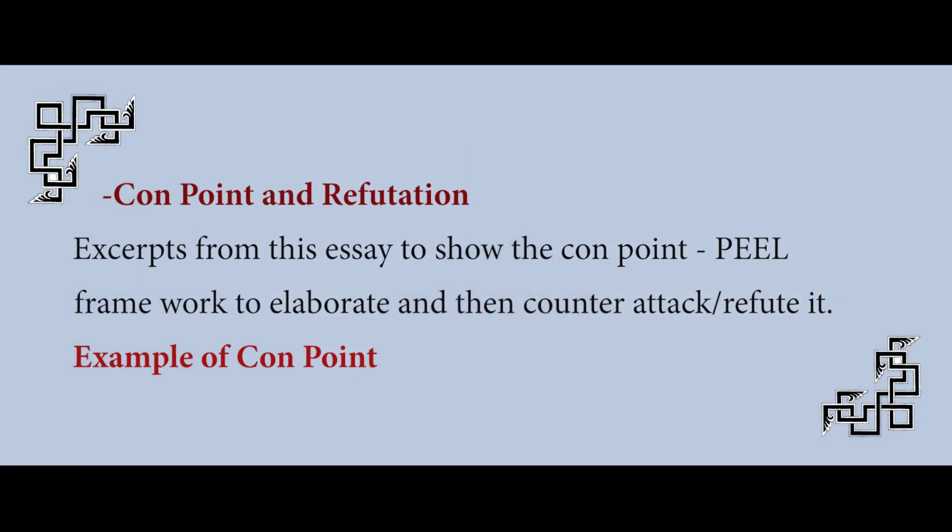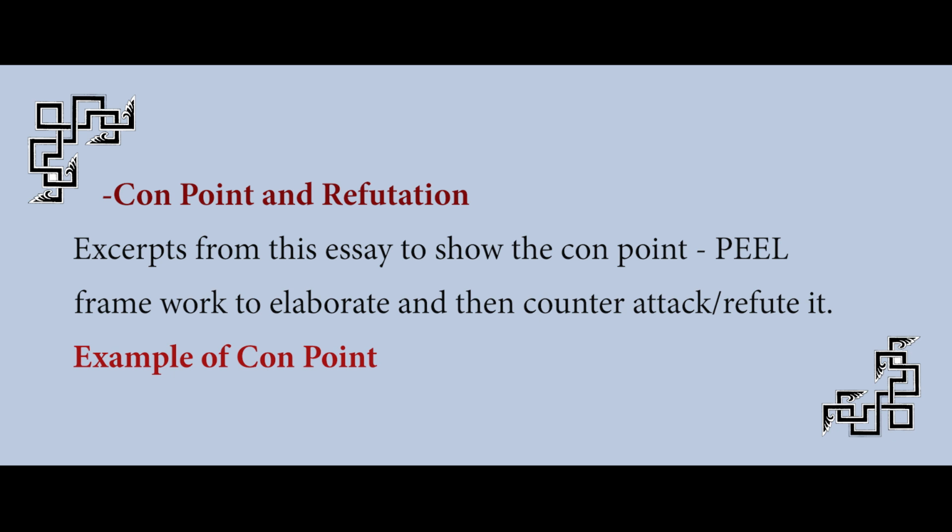So here we have an example of how the opposition idea is being brought out. So this is con point and refutation. In your 4th paragraph of the essay, you will write the con point, that is the opposing viewpoint, and in this very paragraph, you will refute too.